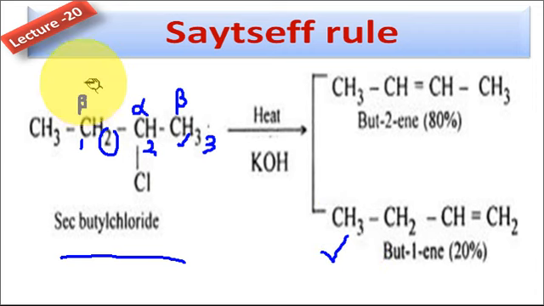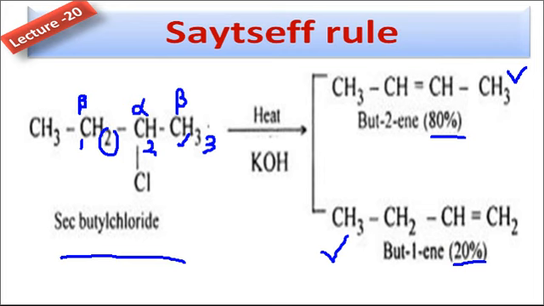While if we consider this as the beta carbon atom, then the H is eliminated from the first carbon atom, and there is a double bond formation between the first and second carbon atoms and 2-butene is formed. Now, what is the major product and why?